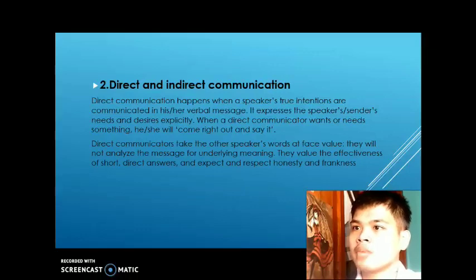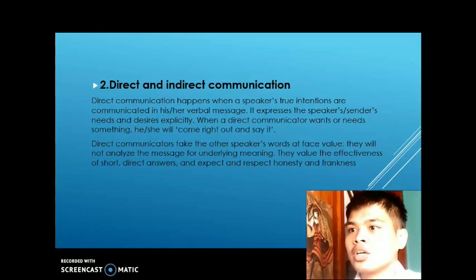Direct communication happens when a speaker's intentions are communicated in his or her verbal message. It expresses the speaker's or sender's needs and desires explicitly. When a direct communicator wants or needs something, he or she will come right out and say it.